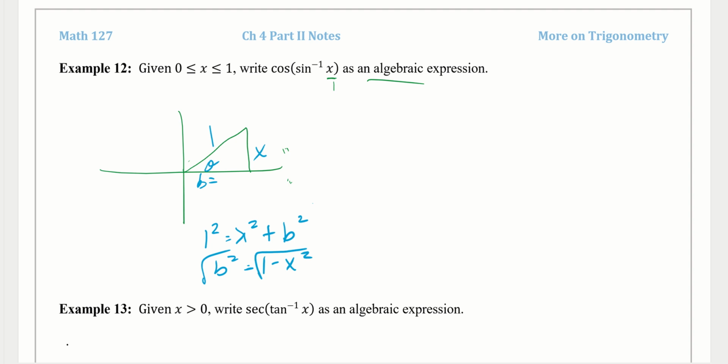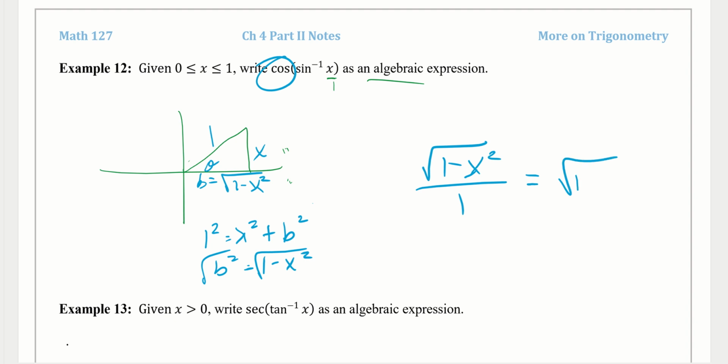So b is going to equal square root of 1 minus x squared. Nice. And so then what I'm looking for is cosine. So cosine is going to be adjacent, so the square root of 1 minus x squared, divided by hypotenuse, which is 1. So we can simplify that. We don't need the 1 in the denominator. So square root of 1 minus x squared. Ta-da!